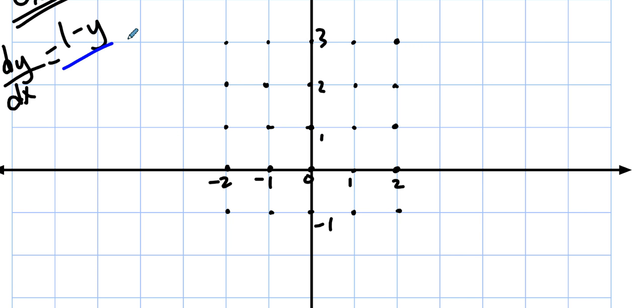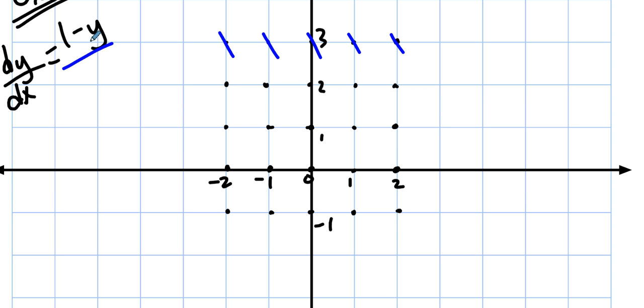Every time the slope of the tangent line is 1 minus y. So for every place where the y value is 3, the slope of the tangent lines we'll draw is 1 minus 3. That's -2. And then the slopes of the tangents when y is 2.